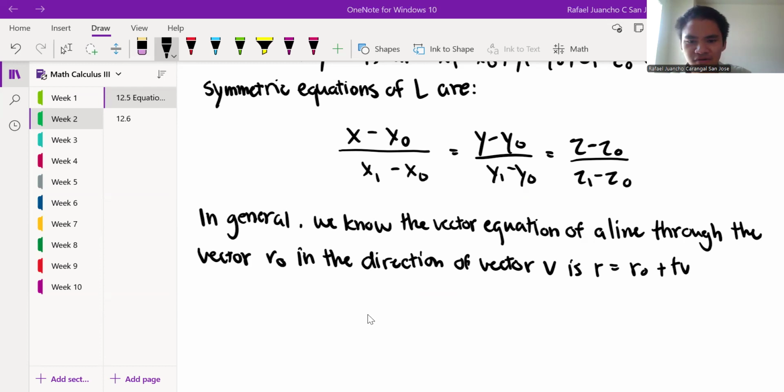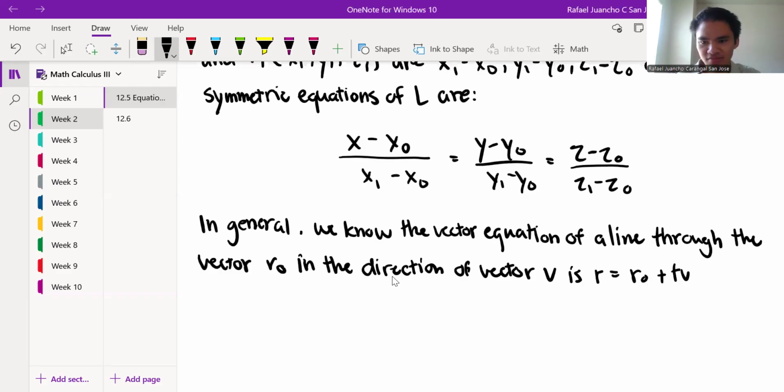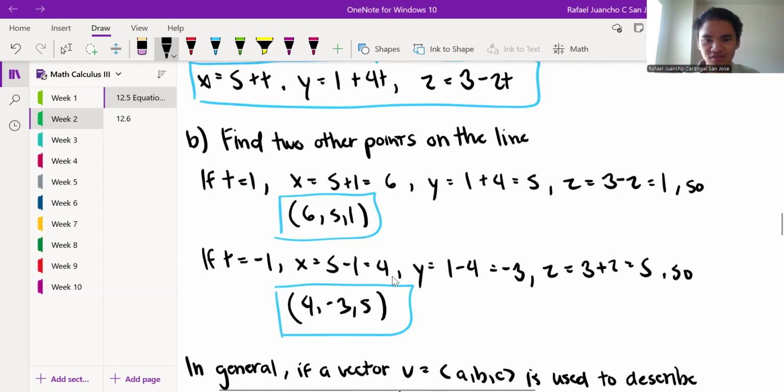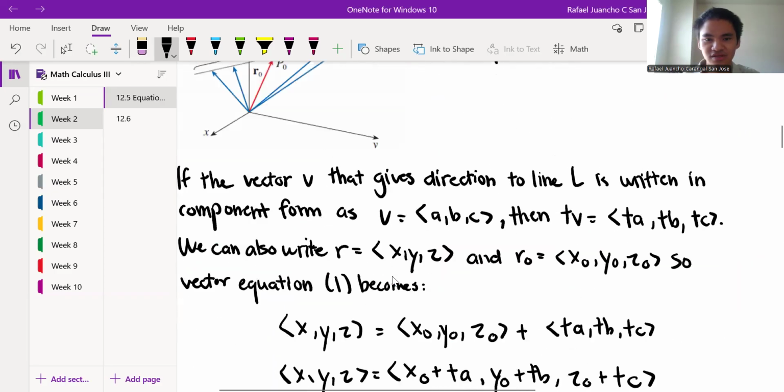Right? We looked at it from this example here, that the vector equation of a line.